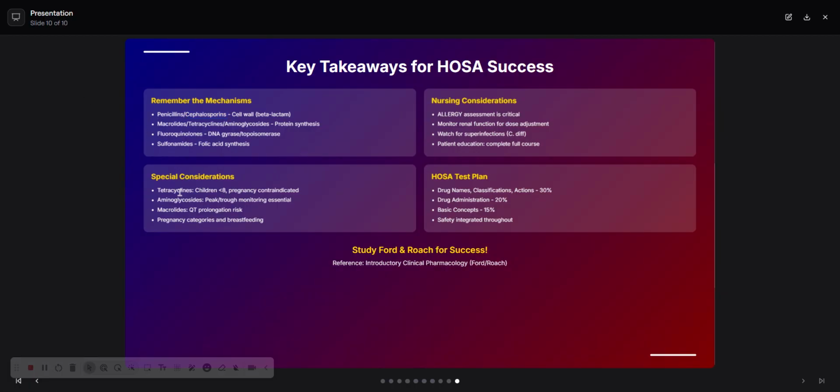These are the special considerations. Tetracyclines are tooth discoloration. Aminoglycosides are toxicities. Macrolides are the QT prolongation risk, which basically means heart risk. And yeah, fluoroquinolone is supposed to be on here, which is tendon rupture.